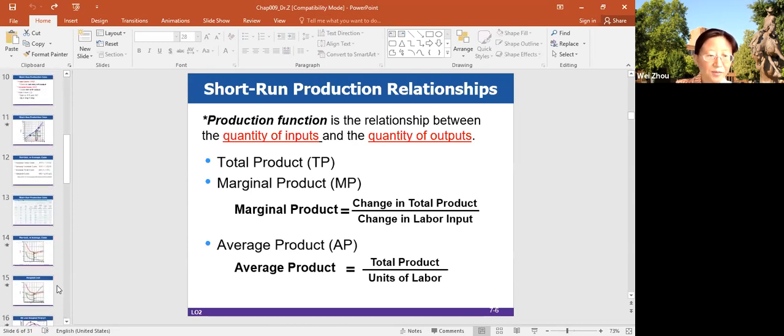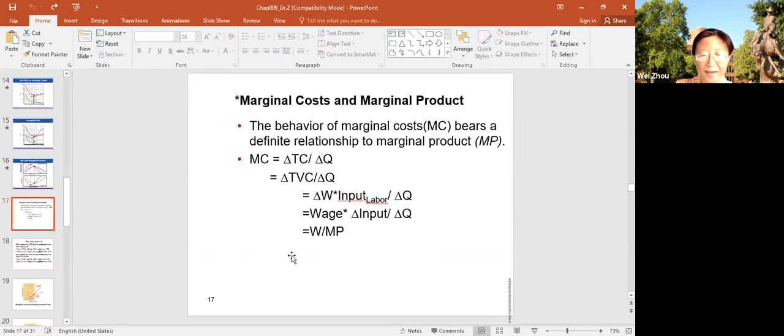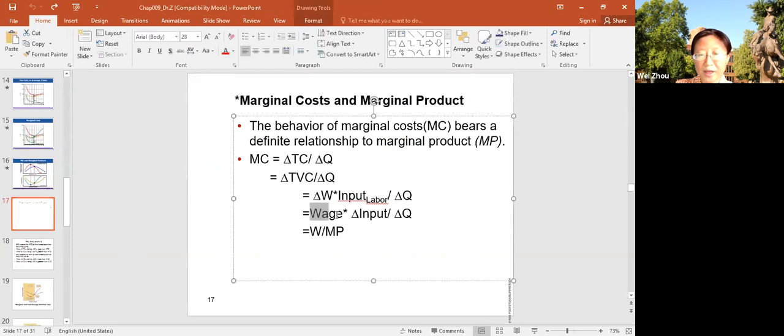So that is basically the wage divided by the marginal product.